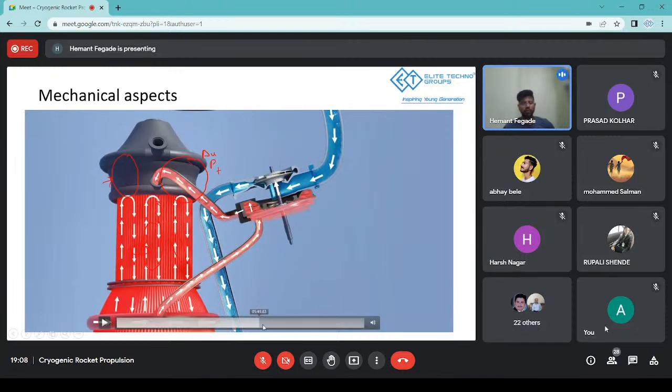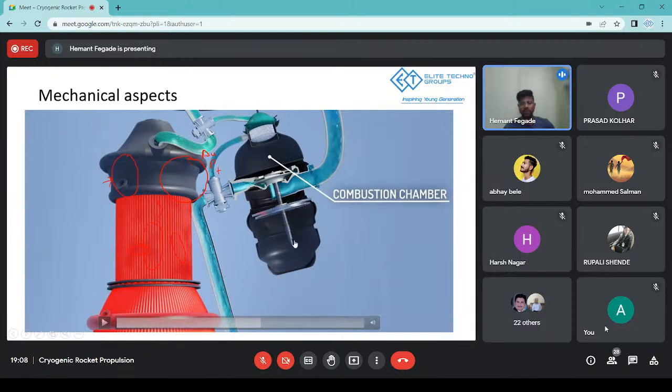One idea would be to have a separate combustion chamber. What this means is you will supply the liquid hydrogen from here and liquid oxygen from here. You will ionize it over here, basically spraying particles and burning those particles.